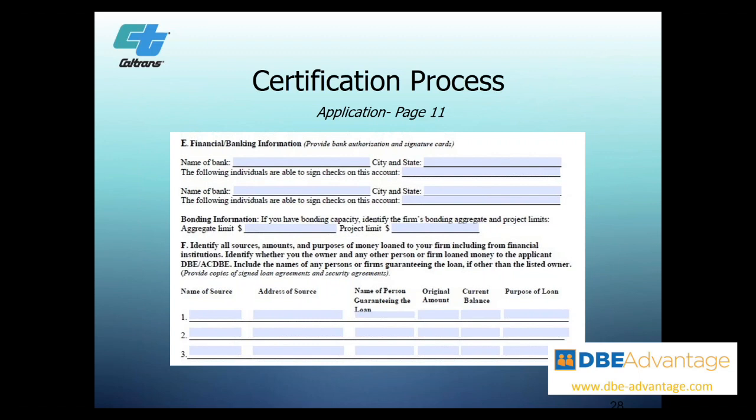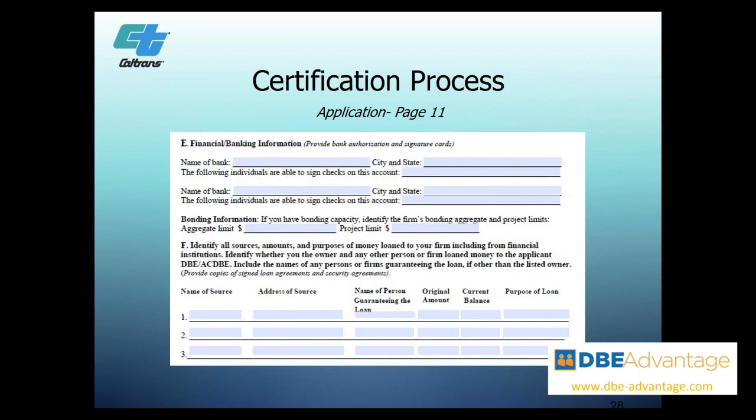Moving on to financial banking information. They're going to want information about your bank or banks, depending on the situation, and identification of any sources, amounts, or purposes of any money that's been loaned to your firm, not only from the bank, but from any other individual.